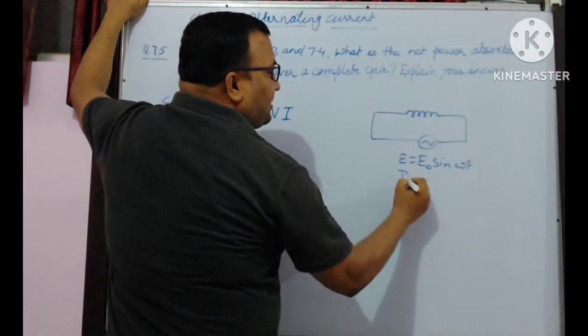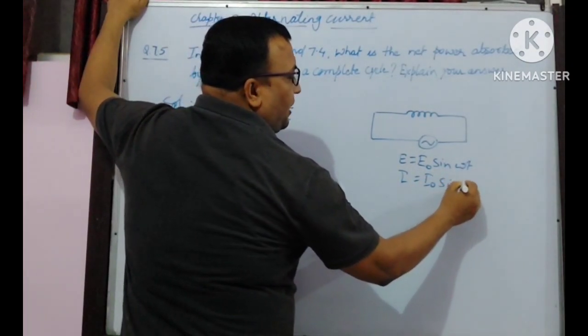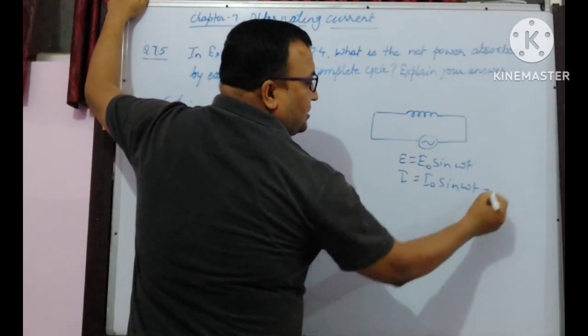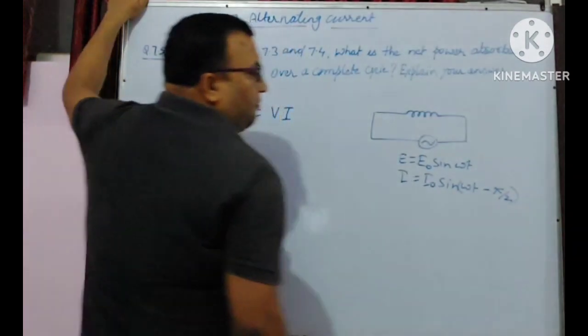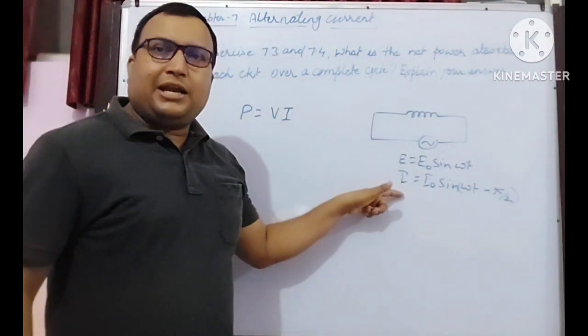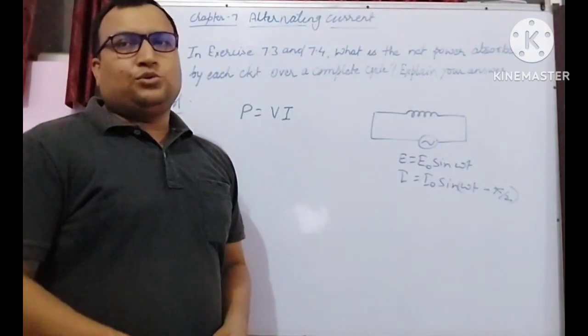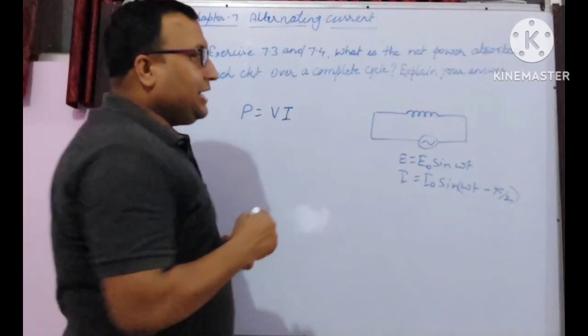At that time, after calculation, I equals I0 sine omega t minus pi by 2 comes. Keep in mind, this means the phase difference between the EMF and the current is pi by 2, that is 90 degrees.